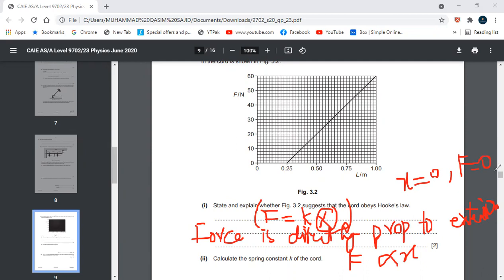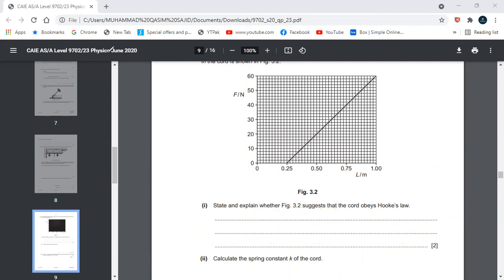Okay, so the second question is you have to calculate the spring constant of the cord. This is basically the spring constant, that is k. As we know, F equals kx according to Hooke, and k equals F upon x. What will be the force?